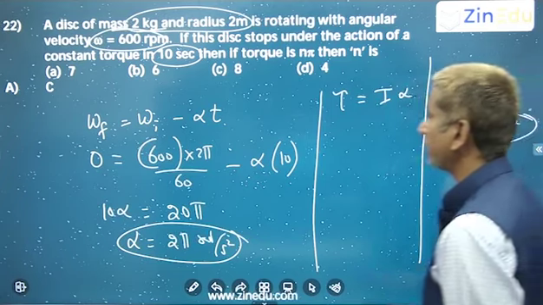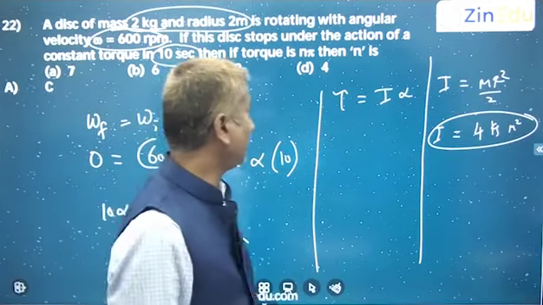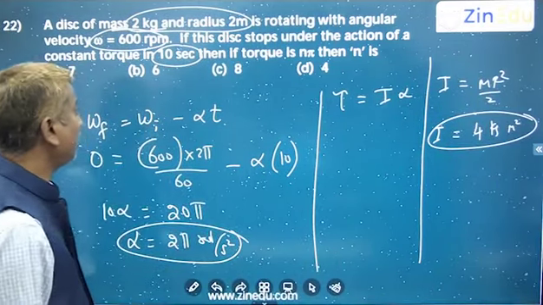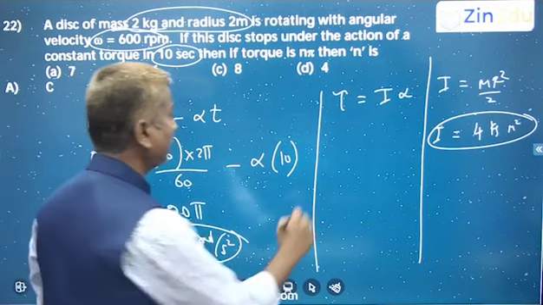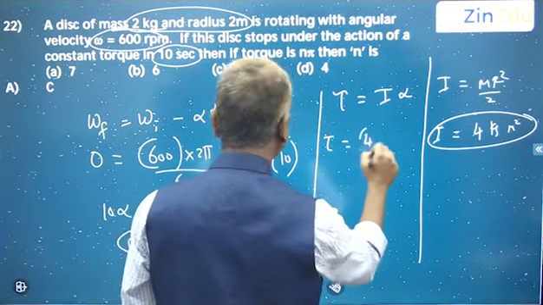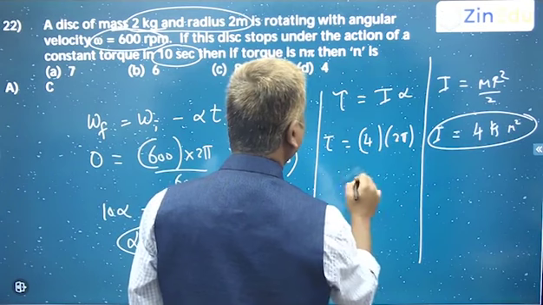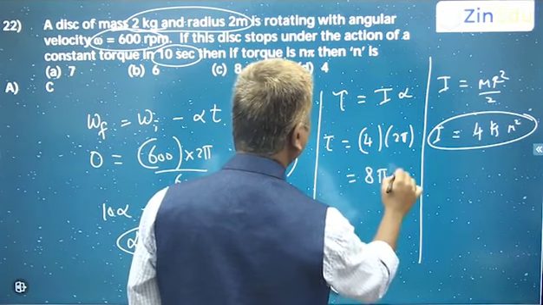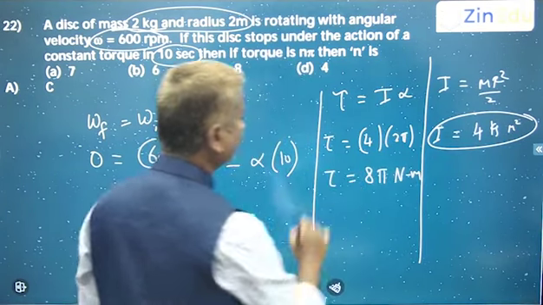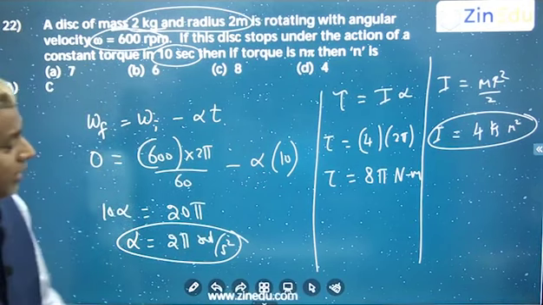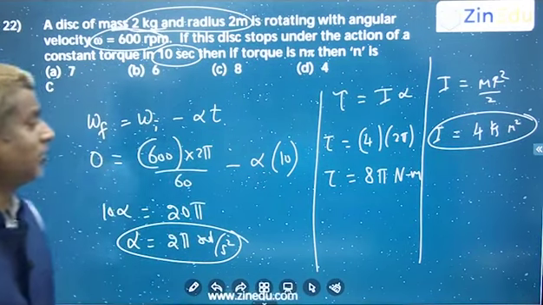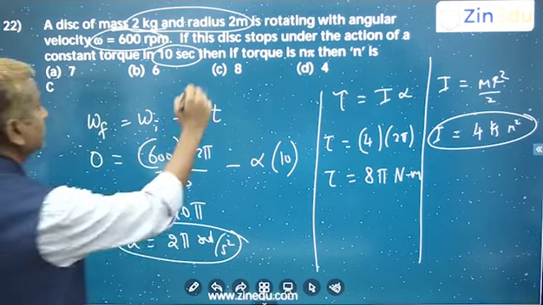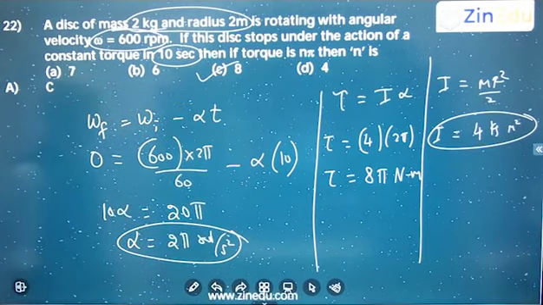The moment of inertia, you got 4, alpha you know is 2 pi. So definitely torque will be 4 into alpha 2 pi. So that gives you 8 pi Newton meter. That's the torque. Okay. So if you write this 8 pi as n pi, then the value of n will be 8. Correct. So that is question number 22.